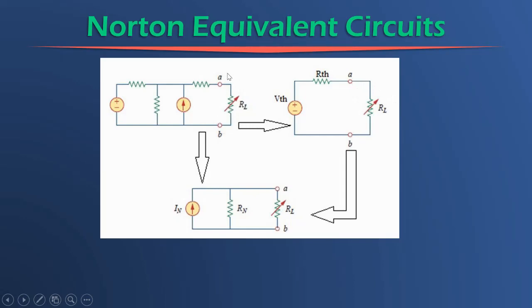Similarly, the same complex circuit can be simplified to a current source connected to a resistance, which is termed Rn, in parallel with the load resistor from the original circuit.